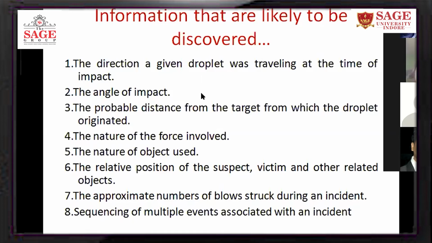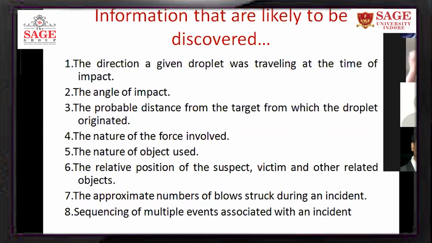The angle of impact. Once you see a blood droplet on a surface, by looking at the blood droplet or the pattern, you can say at what probable angle it struck the surface. Third is the probable distance from the target from which the droplet has originated. We also call it the area of convergence.